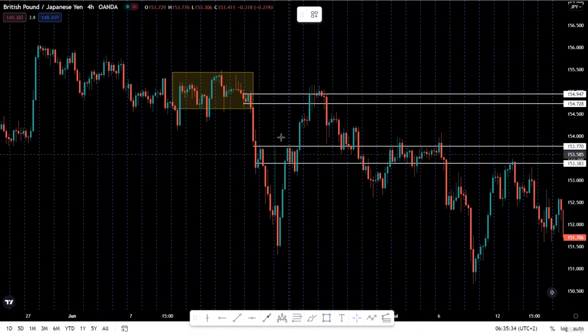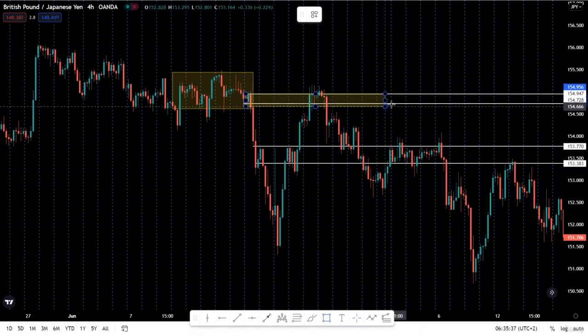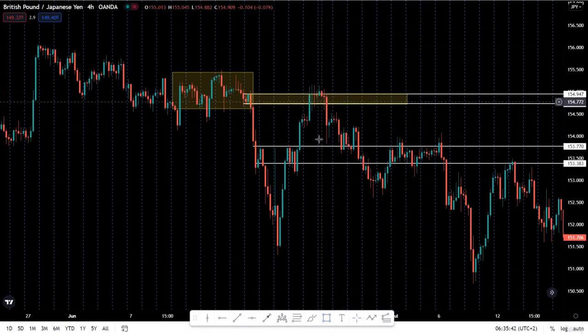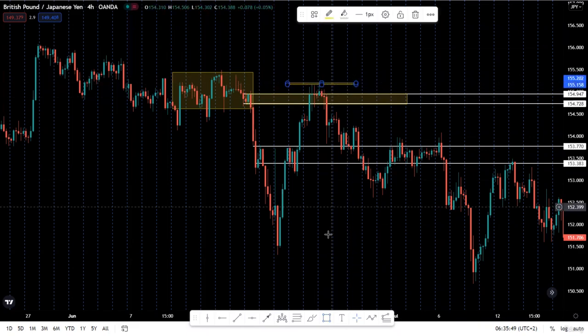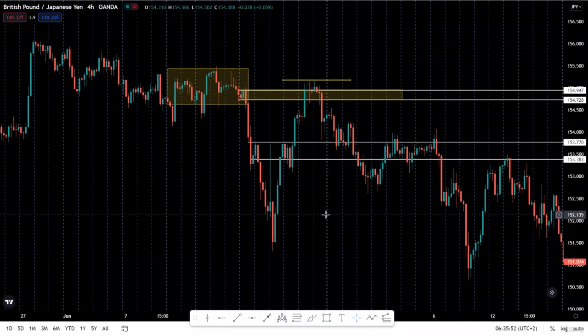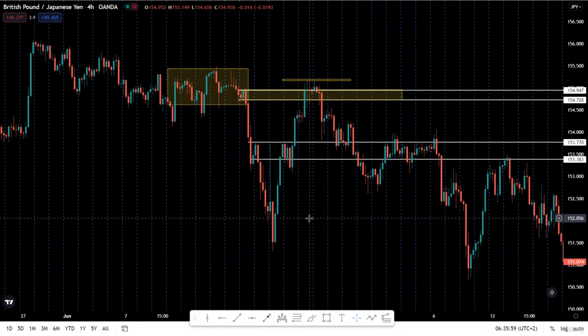All right, let me just try to box that order block level, a bearish order block. So they went and reached exactly there, and they couldn't break that level because they ended just there. Now, I'll talk about how to combine order blocks, break of structures, zones, and also Fibonacci, so you have a concrete decision before you enter.